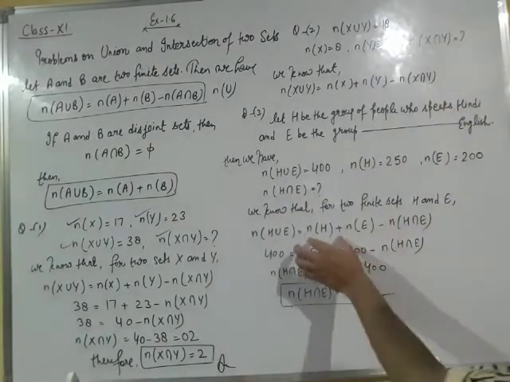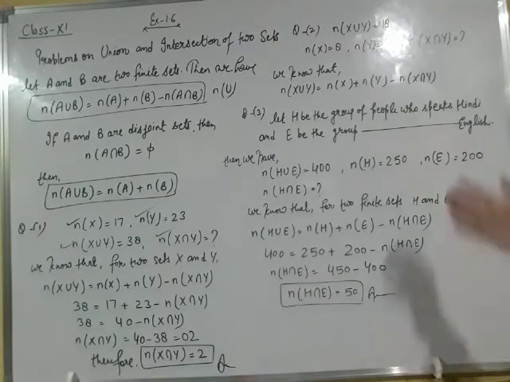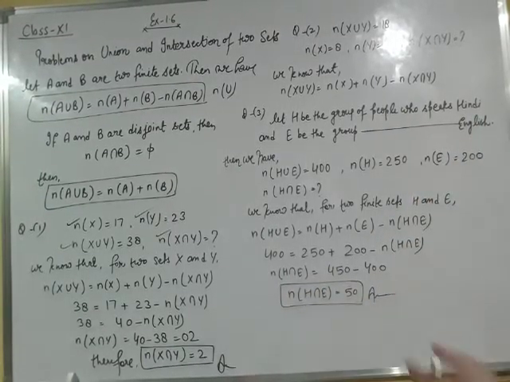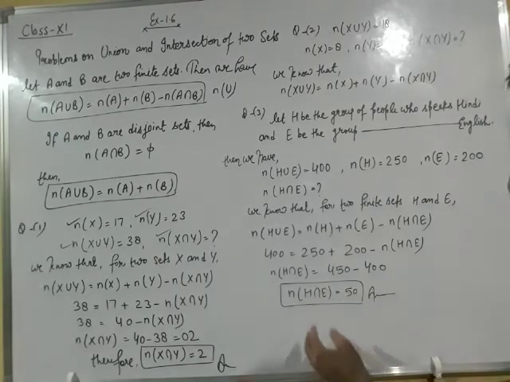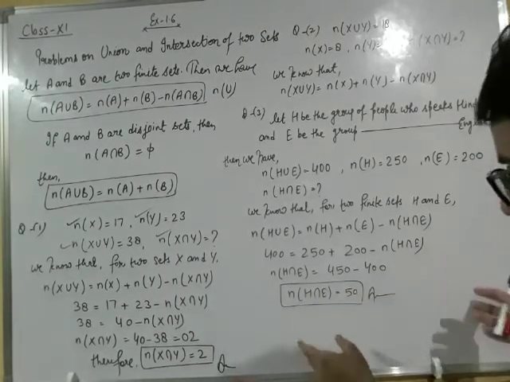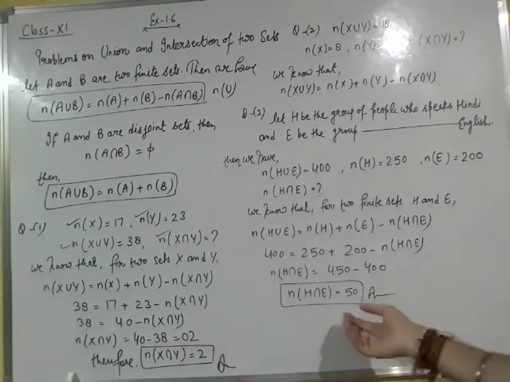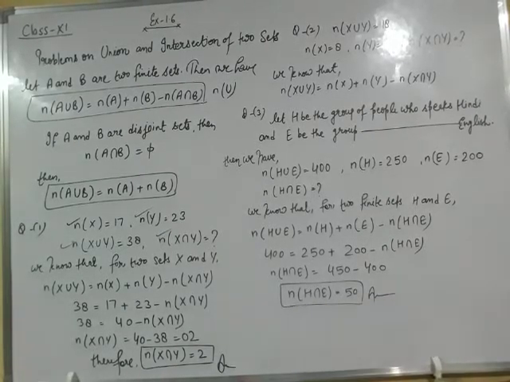So here is your formula. Apply this formula, put the values and find the value of n(H intersection E), means the number of people common to both languages who can speak English and Hindi. So the answer will be equal to 50.